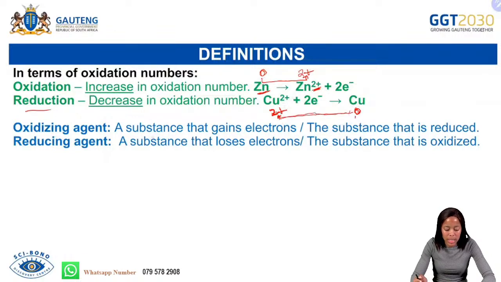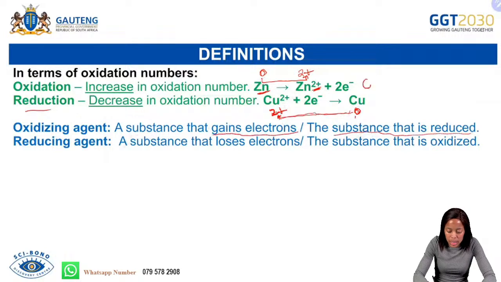Next, we have oxidizing agent. It says a substance that gains electrons, or the substance that is reduced. So when you think of a substance that is reduced or a substance that is gaining electrons, which one do you then think of?